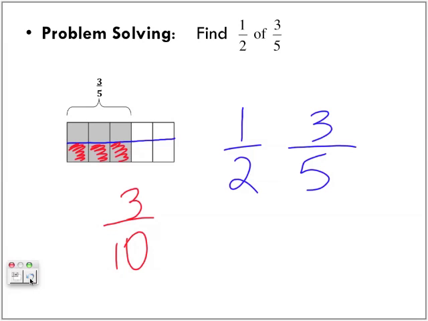You're trying to find half of whatever the price is. If the price is $100, half of it would be $50. So half of 3 over 5, we're multiplying. 3 times 1 is 3, 2 times 5 is 10, and our fraction is 3 over 10. Any questions about this?